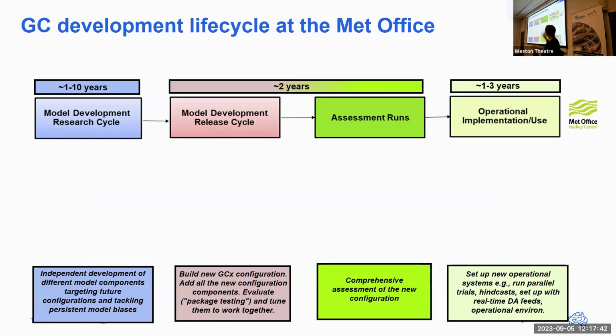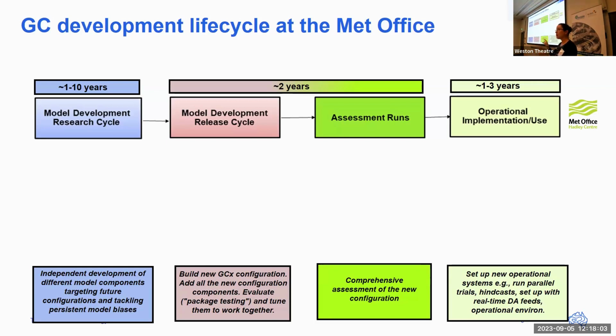And then there's the release and assessment cycle. In the release cycle, it's all about building the new model configuration. So you're putting together your new microphysics scheme or your convection scheme or whatever it is, seeing how they work together, tuning the model, and at the end of that stage, a configuration is frozen.